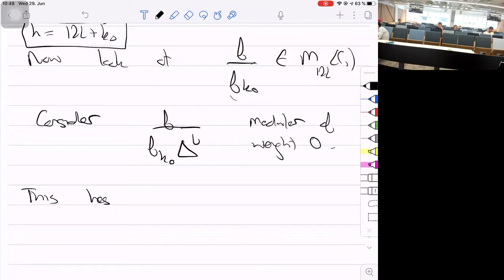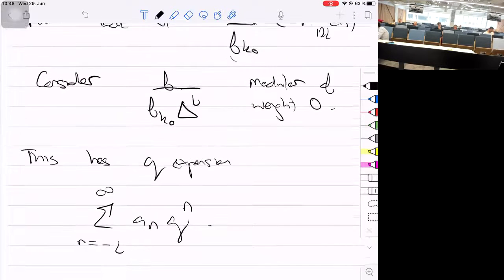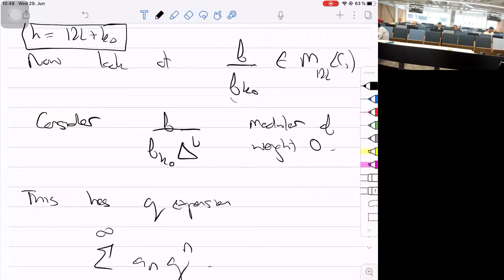So if you consider the Q expansion of this and the maximum power of Q to the minus whatever the pole is, it's going to have a Q expansion starting from n equals minus L to infinity with some coefficients a_n Q to the n. That's the maximum you could generate from dividing through by delta L times.